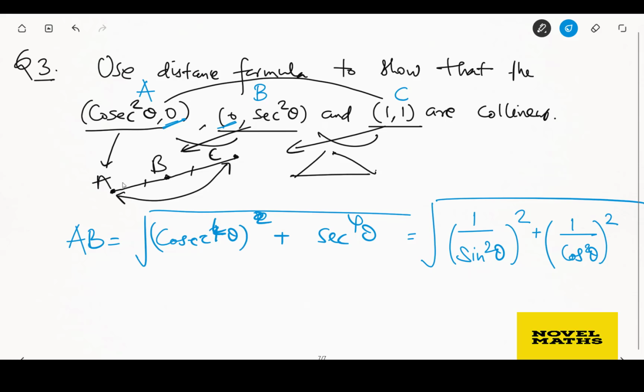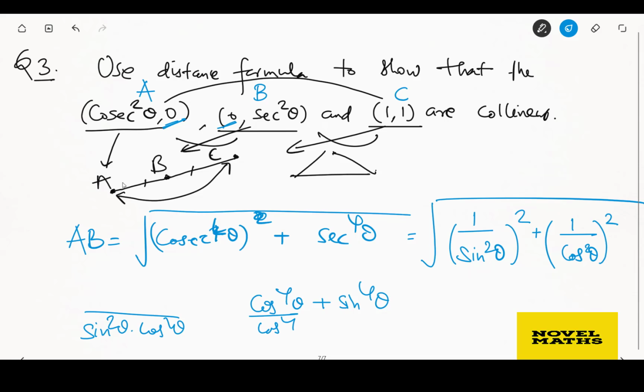If you simplify this, this is 1 over sine square theta whole square plus 1 over cos square theta whole square. Let's do it in detail. If you simplify this further, sine 4 and cos 4, we will get outside sine square theta and cos square theta, and inside this will be cos 4 theta plus sine 4 theta.